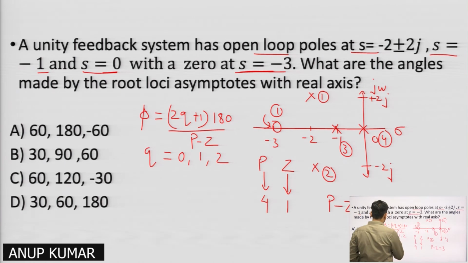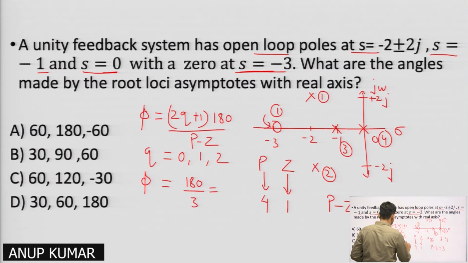Okay. So, now for this value of q, I need to determine what should be value of phi. So, whenever it is having the 3 values, then I told you you can calculate 3 values. So, whenever you put here q equal to 0, this will become 180 over p minus z which is 3, this will become 60. This is your phi 1.